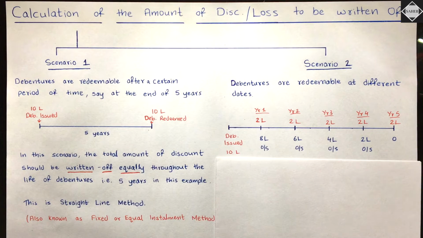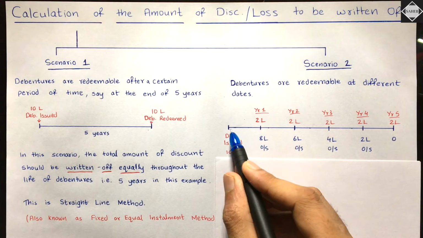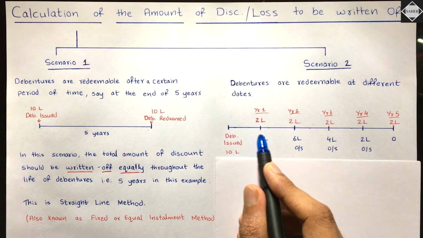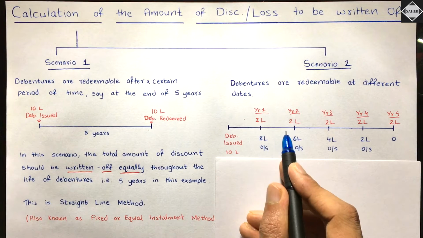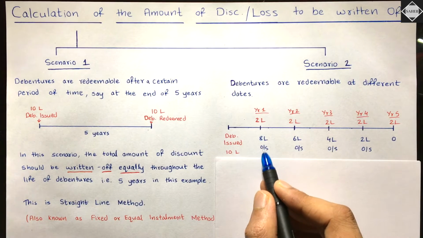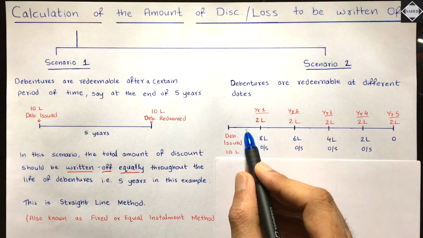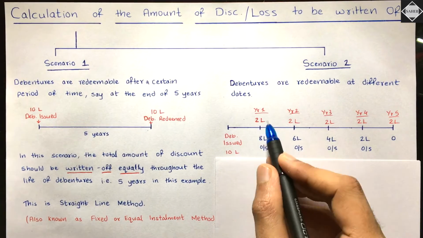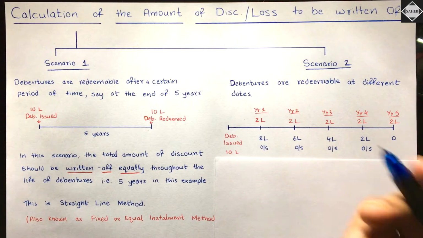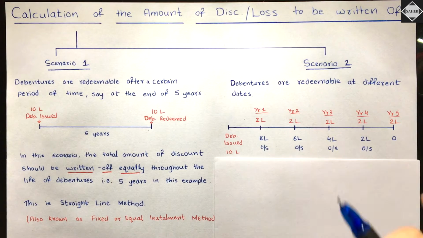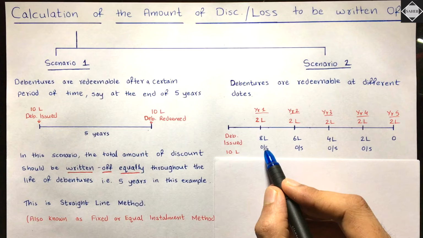Here, let's see that. In the first year, we had face value of how much? 10 lakh. Yes, we had debentures of face value 10 lakh in the first year. In the second year, what happened? In the second year, we only had 8 lakh face value of debenture. Do you understand this? In the first year, only 10 lakh was there. Then at the end, at 31st December or 31st March, we did the redemption. And in the next year, the benefit was of only 8 lakh.